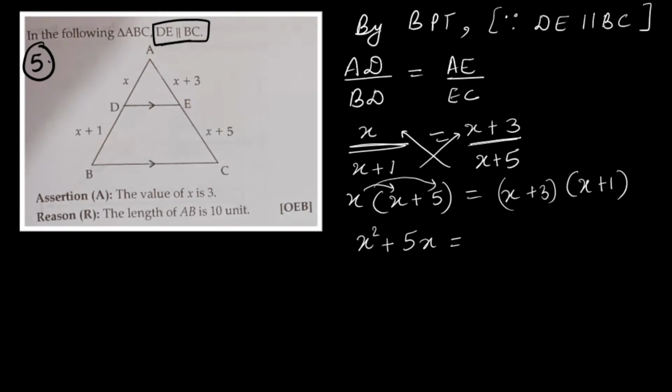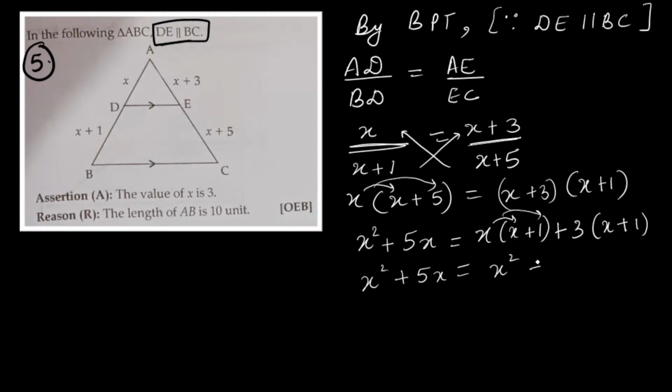On the other side two brackets are there, so we have to do bracket multiplication. So x into x plus 1, first term of the first bracket, then the full second bracket, plus 3, the second term of the first bracket, that also we have to multiply with the full second bracket. So this side is the same thing, x square plus 5x. x into x is x square plus x into 1 is x.